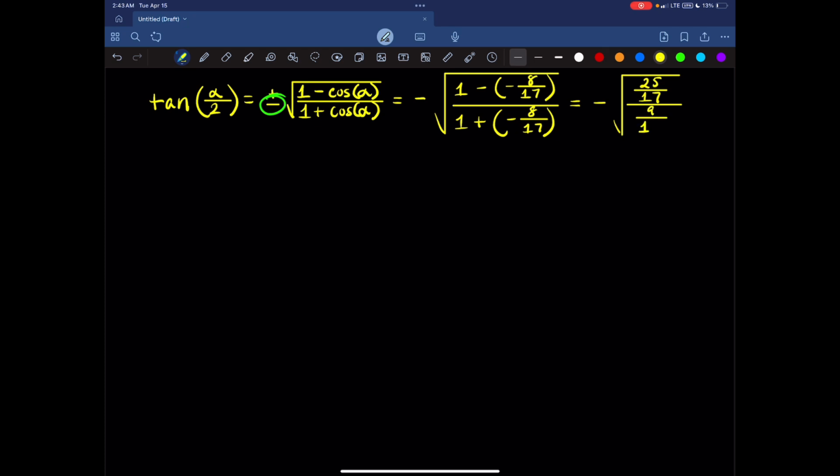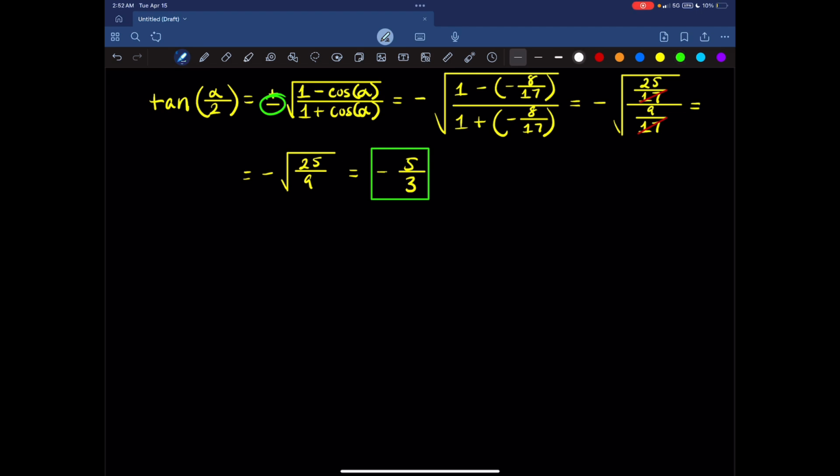And to reduce this fraction, you can just forget about these 17s. And this will be equal to negative square root of 25 over 9, which we can reduce down to negative 5 over 3. And that is our last and final answer for the half angles.